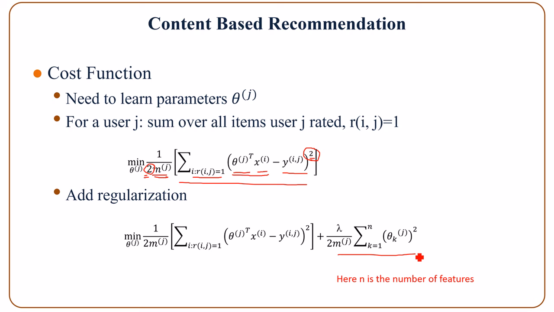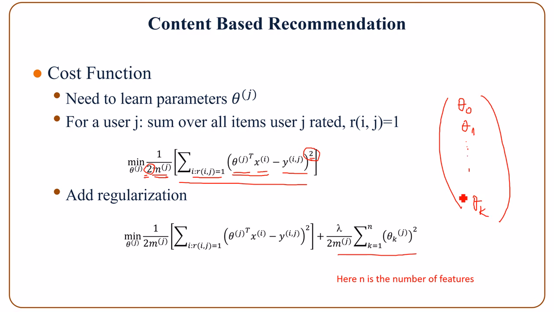And here we have a sum for all theta k in the parameter vector theta of user j, and n here is the number of features. The parameter vector looks like this. We have theta naught, theta 1, etc., up to theta k.